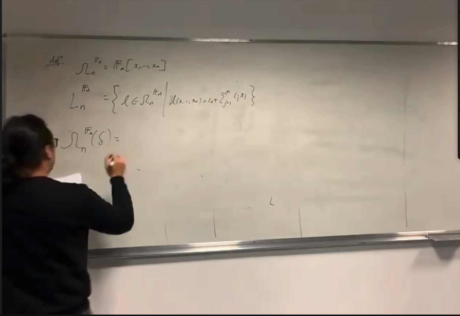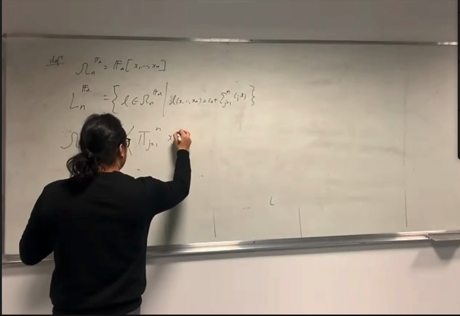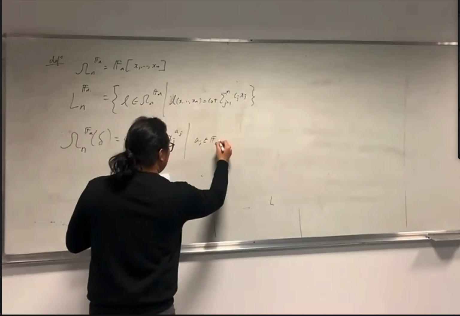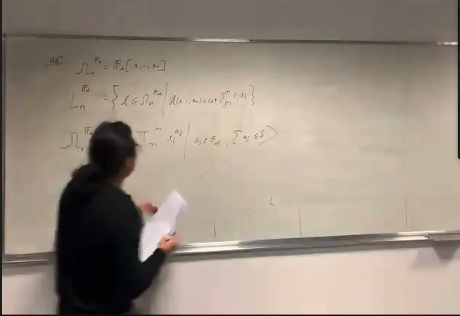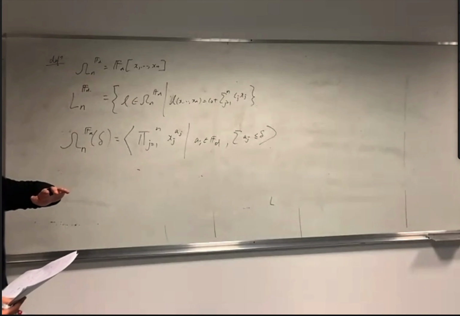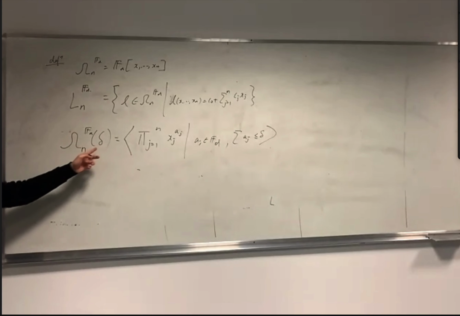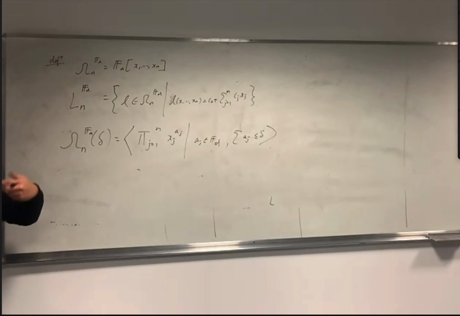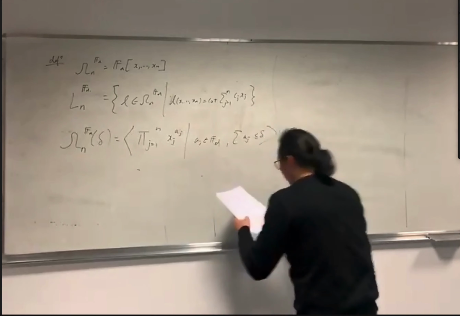Basically, first the aj are inside the field, and the sum of the aj is less than delta. It's generated by those. So briefly, you have polynomials whose degree is less than delta, because we're taking the sum of all the orders. That's how you define the degree of a multivariable polynomial. Okay, this is the definition that we need.